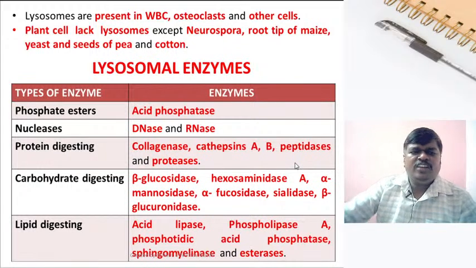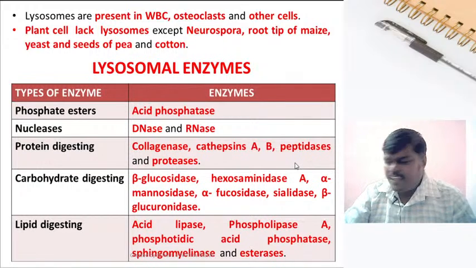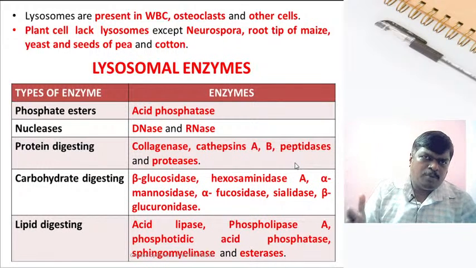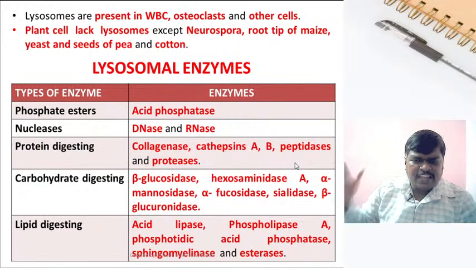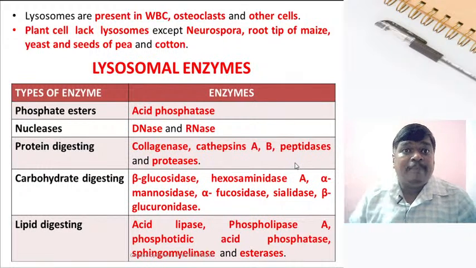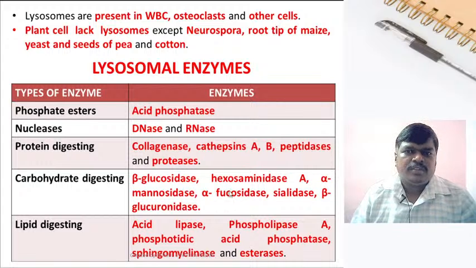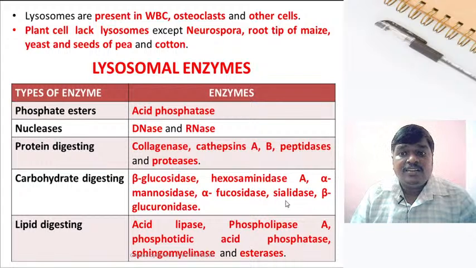Similarly, they also have carbohydrate digesting enzymes, which digest complex carbohydrates like starch and glycogen into glucose, fructose, galactose and mannose. These include beta galactosidase, hexosaminidase A, alpha mannosidase, fucosidases, sialidases and glucuronidase.